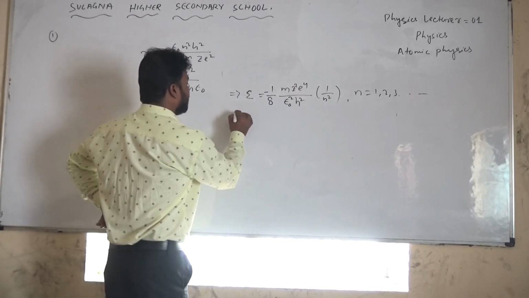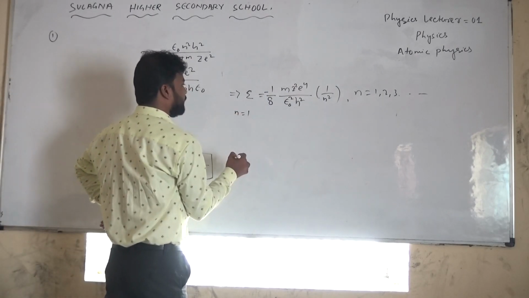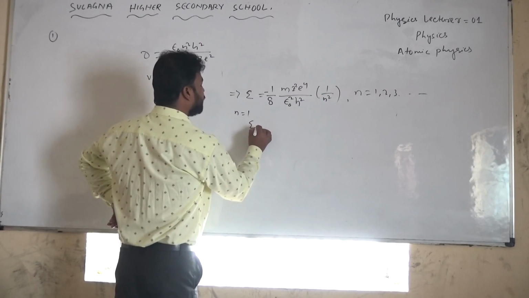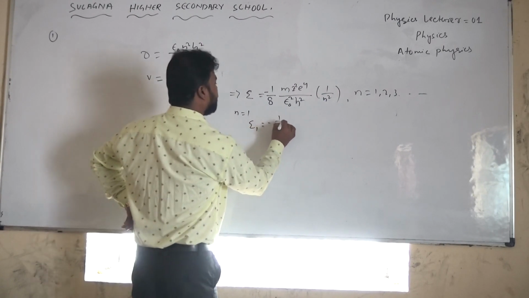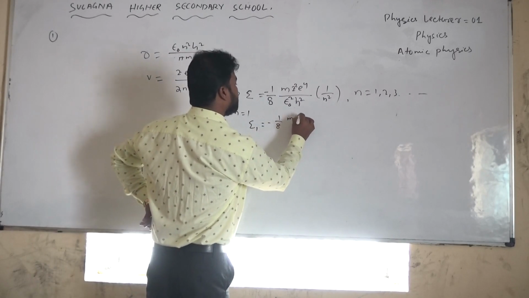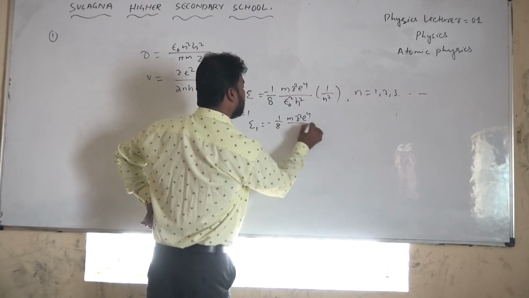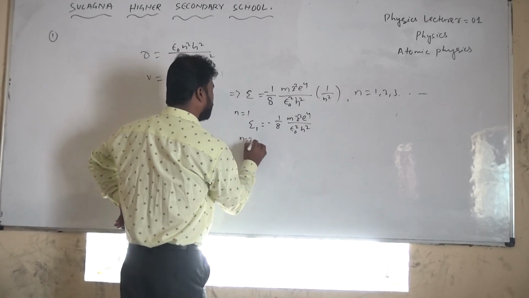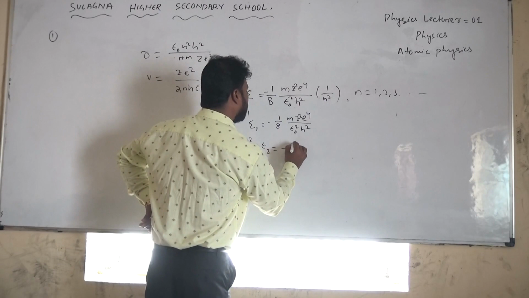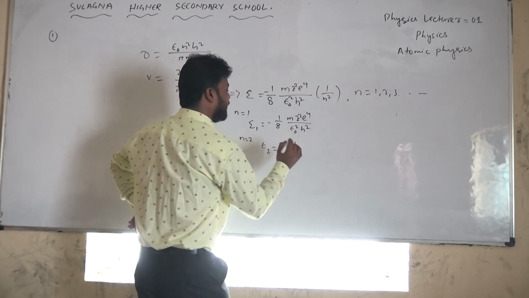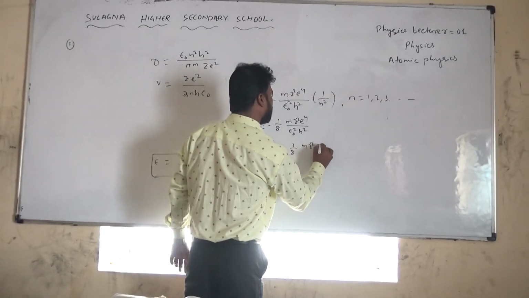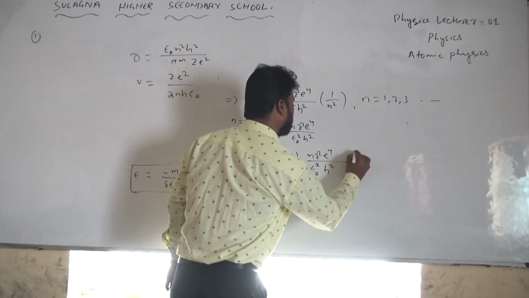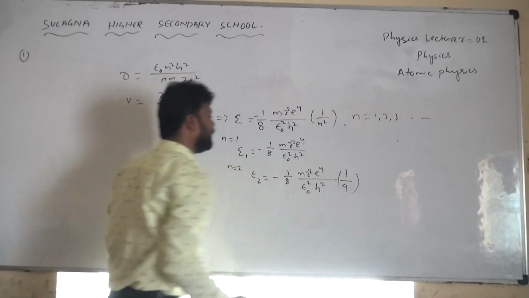If n equal to 1, then E1 is equal to minus 1 by 8 m z square e to the power 4 by epsilon naught square h square. If n equal to 2, E2 is equal to minus 1 by 8 m z square e to the power 4 by epsilon naught square h square into 1 by 4.